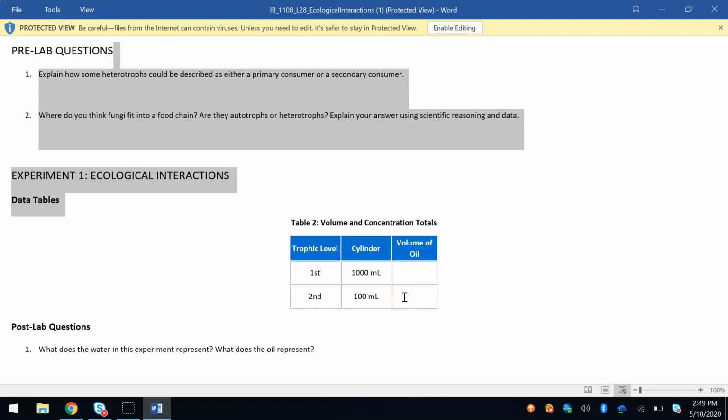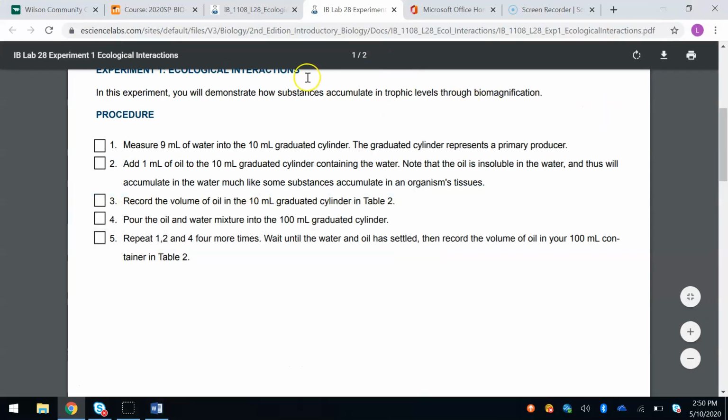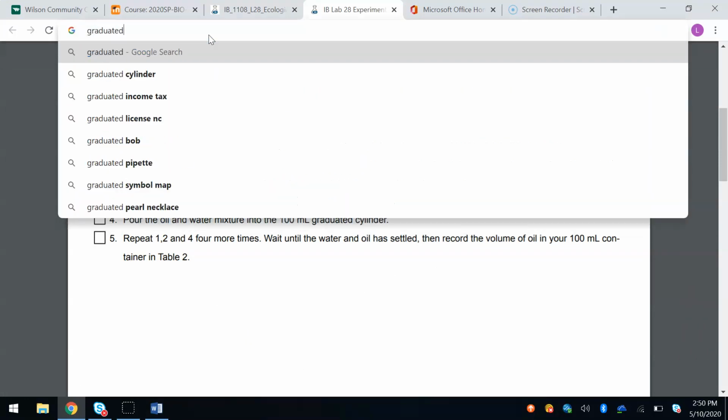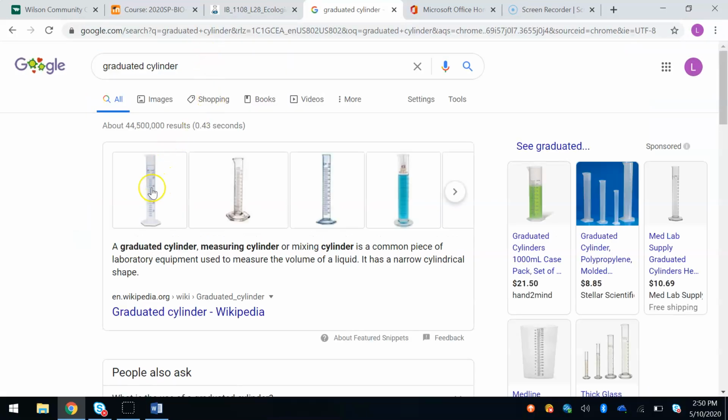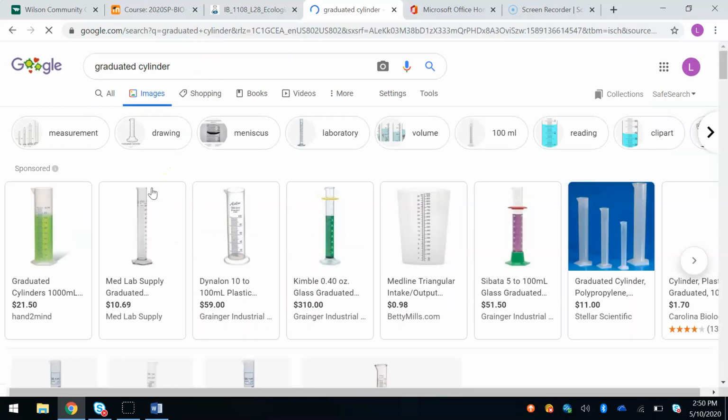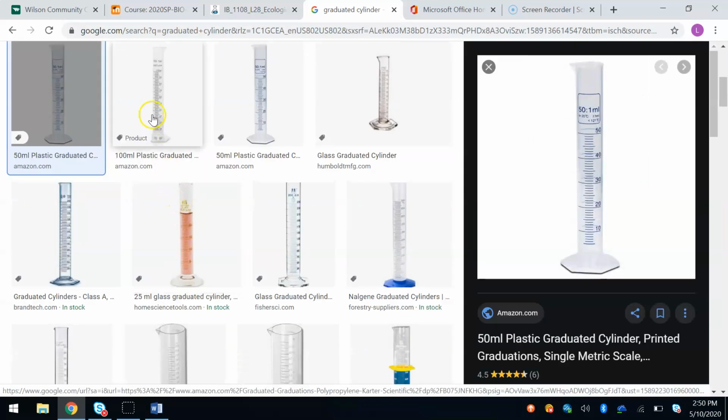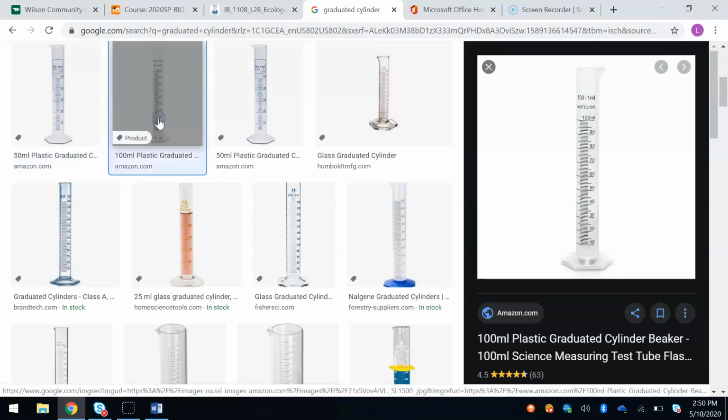But the way you do the volume of the oil is, let me see if I can find a picture online of a graduated cylinder. All right, so here's your graduated cylinder. This is a 100 milliliter graduated cylinder.